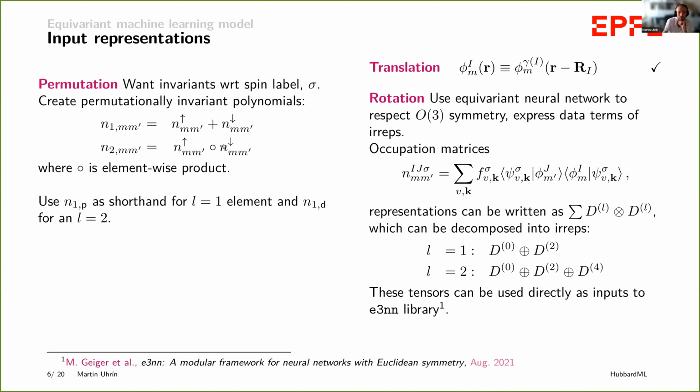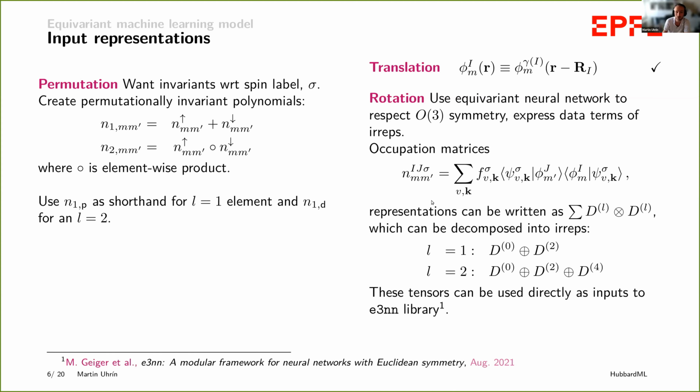The first one is nothing other than the sum of the two, so that's just a degree 1 polynomial. And the second input that we'll use will be just the Hadamard product, the element-wise multiplication of the two spin up and spin down channel matrices. For shorthand, I'll just call these 1 and 2. These are the things that we'll then feed in, and you can see these quantities don't change if we just change the up and down spin labels.